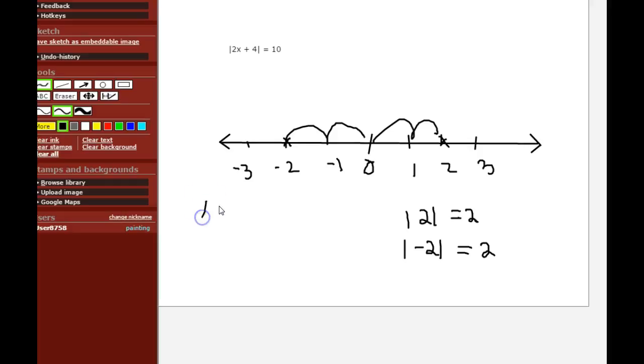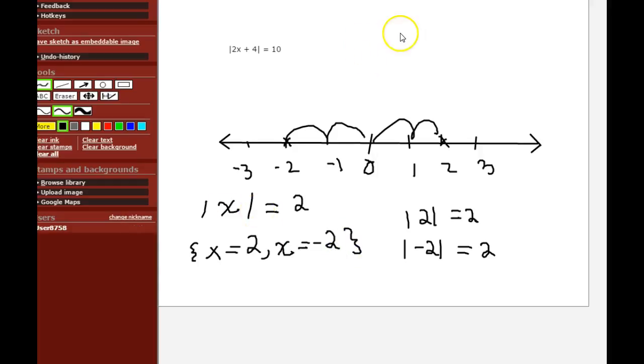Now let's change it to a variable. What number has a distance of 2 from 0? Well, x can equal positive 2, because the absolute value of 2 is 2, and x can equal negative 2. There are two solutions for x. Suppose we had the absolute value of 2x is equal to 2. Then the number inside the absolute value sign could be 2 or negative 2.